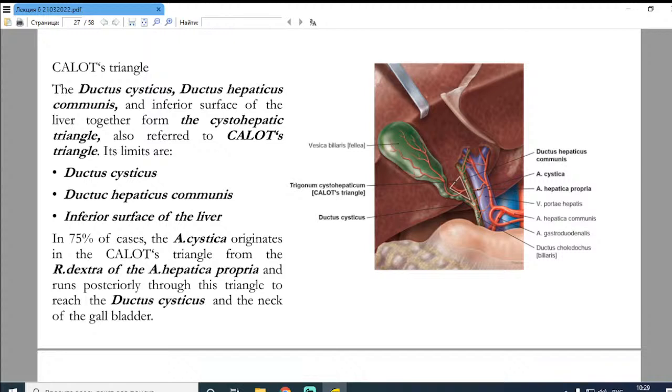This is arteria cystica, a branch of arteria hepatica propria.